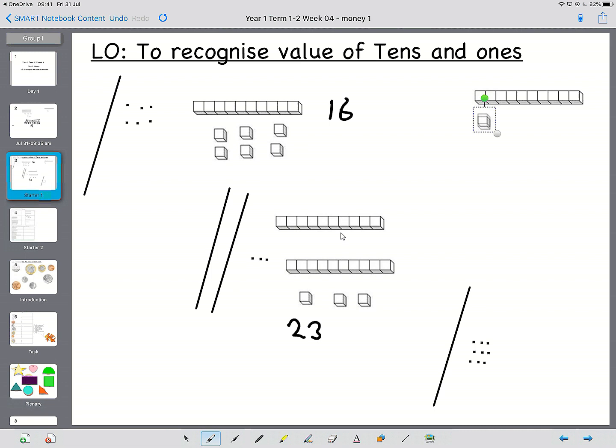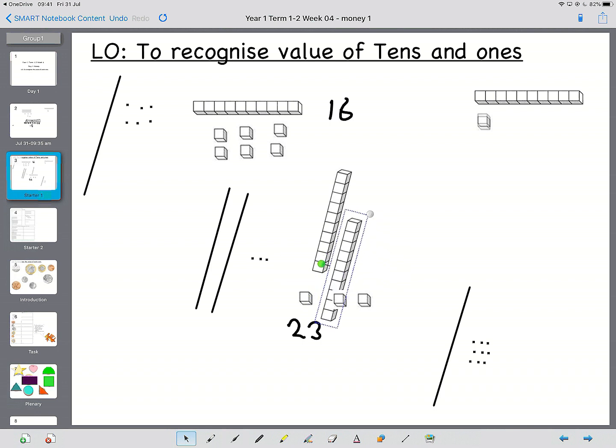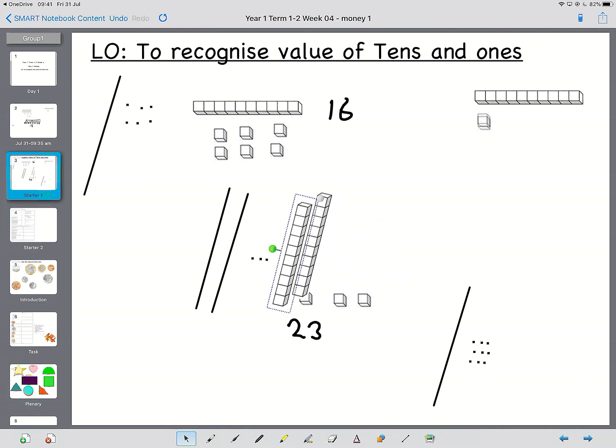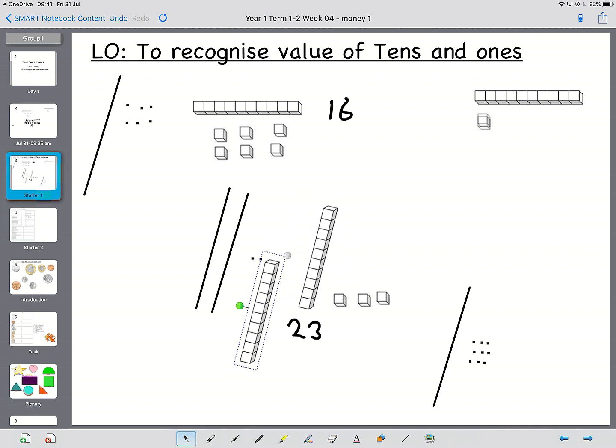If we wanted to be precise, we could rotate them so it looks exactly the same, couldn't we? But I think you're clever enough to see that's the same.